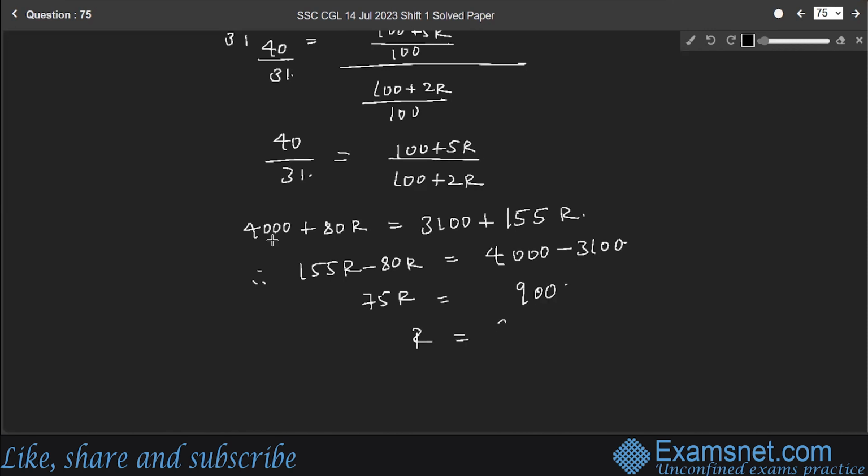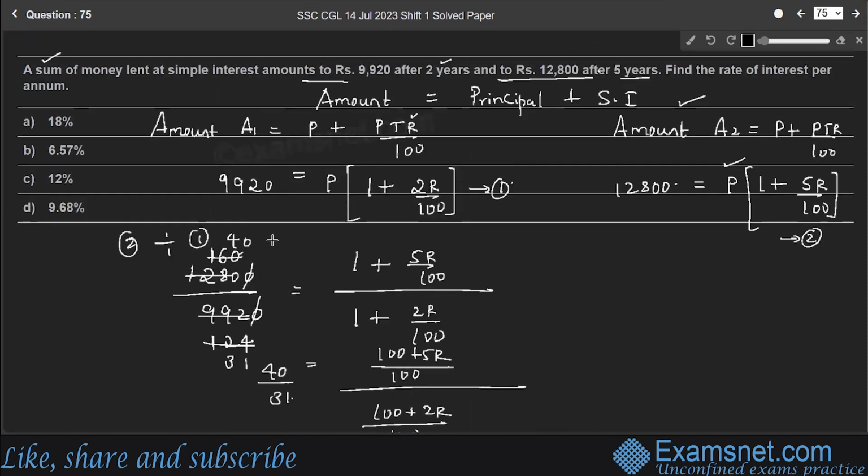Therefore, R is equal to 900 by 75, which is nothing but 75 into 1, 75 into 2, right? Therefore, R is 12%. Rate of interest per annum is 12%.